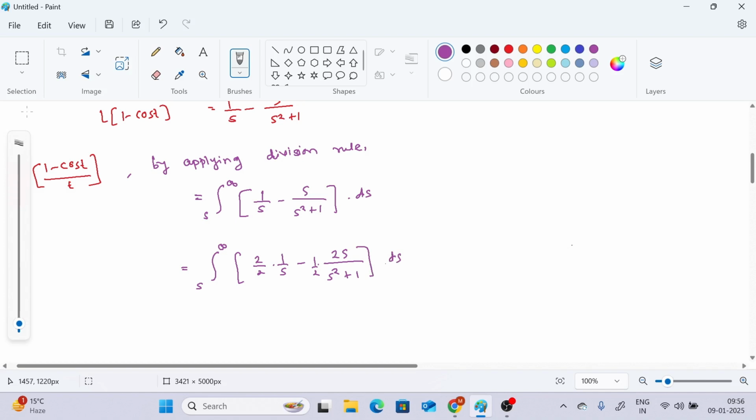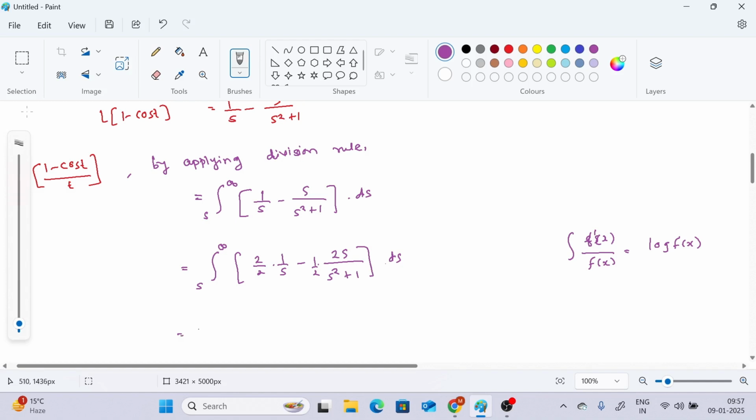In the last session, in the property of division example, we discussed that we have one formula: integration of f dash of x upon f of x will be written as log of f of x.